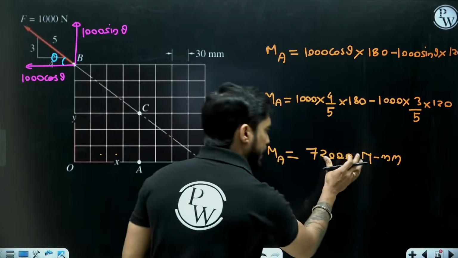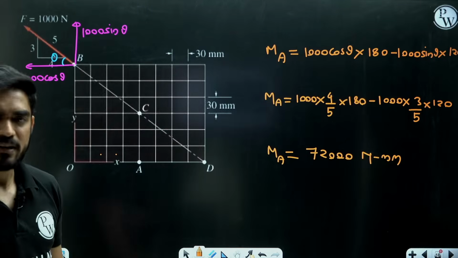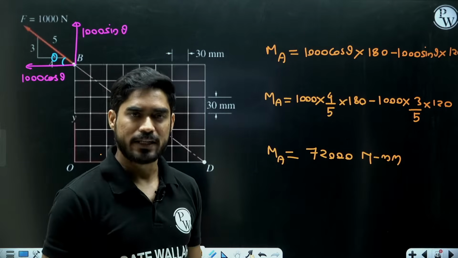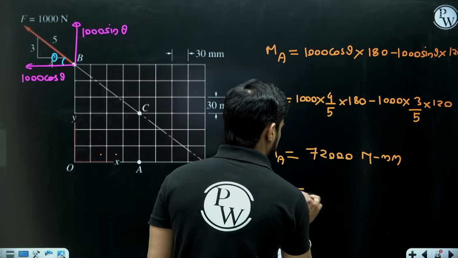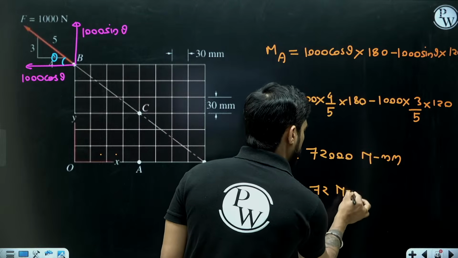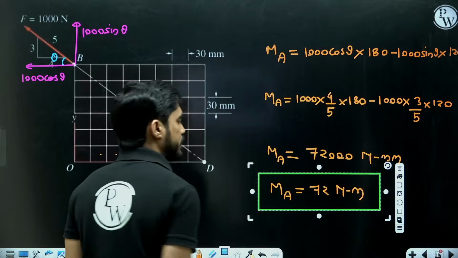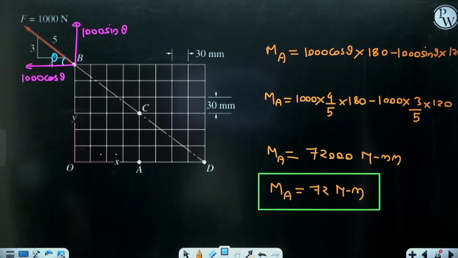So convert mm into meter. We divide by 1000, since 1 mm is 10 to the power minus 3 meter. So it will be 72 Newton meter. This is our answer. Very good.